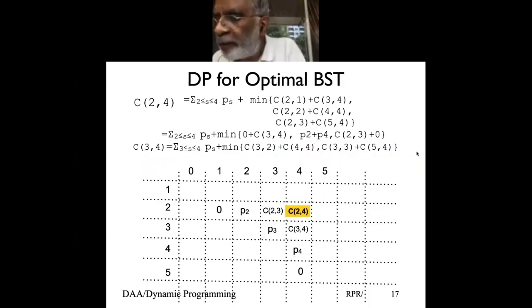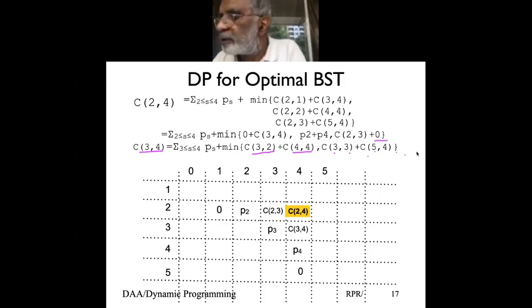So look at when I find C34, my first K is 3, so it becomes C(I, K minus 1), which is C32, plus C(K plus 1, J), which is C44, because K is 3. Next K is 4, so it becomes C33 plus C54.